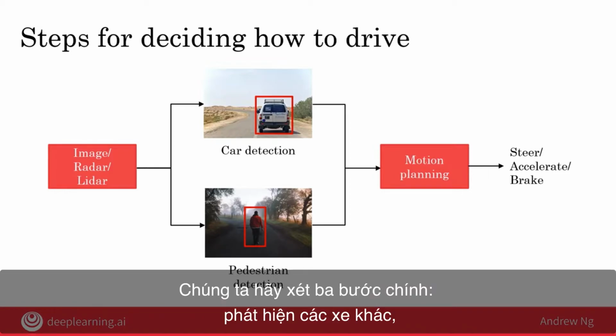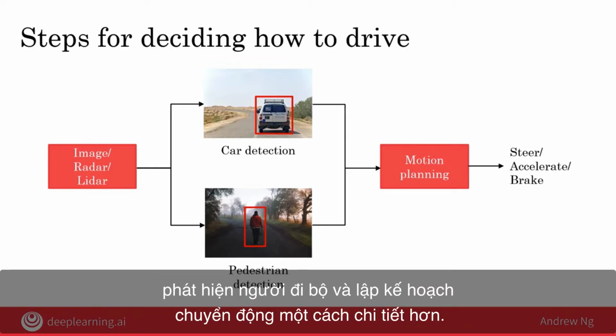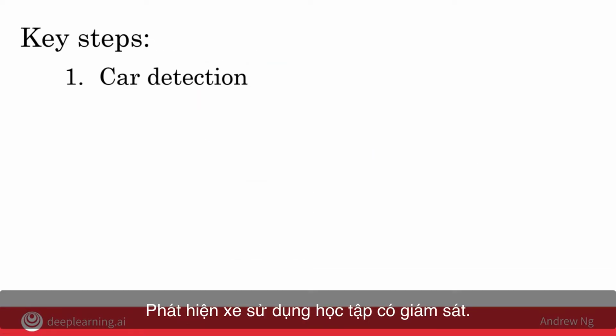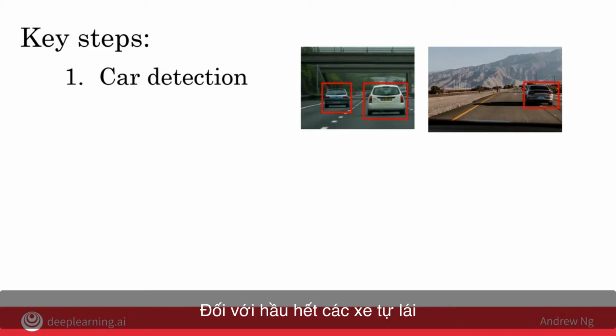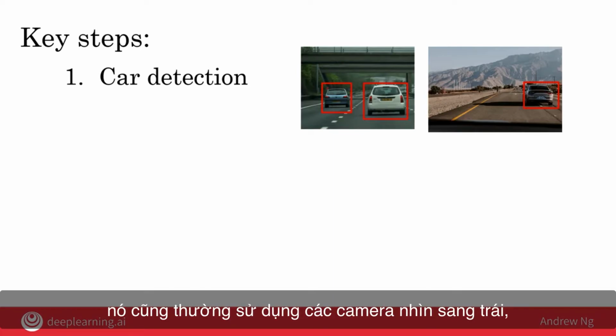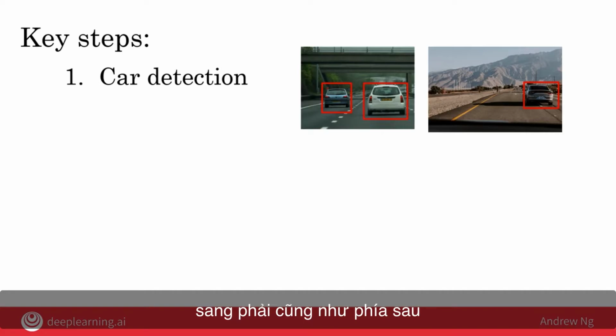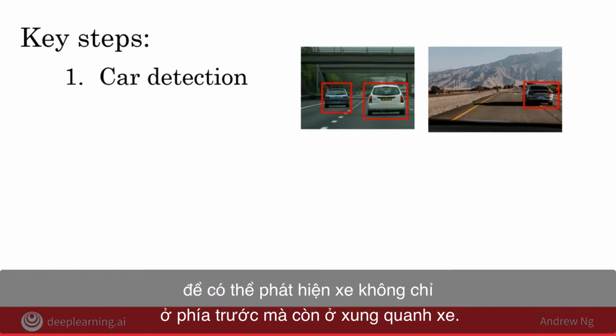Let's look at the three key steps of car detection, pedestrian detection, and motion planning in more detail. Car detection uses supervised learning. So you've already seen how a learning algorithm can take as input pictures like these and output the detected cars. For most self-driving cars, rather than using only a front-facing camera, so a camera that looks forward, they also often use cameras that look to the left, to the right, as well as to the back, so you can detect cars not just to the front, but all around it.